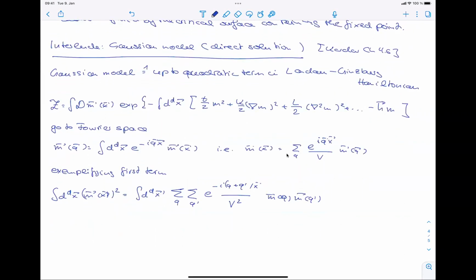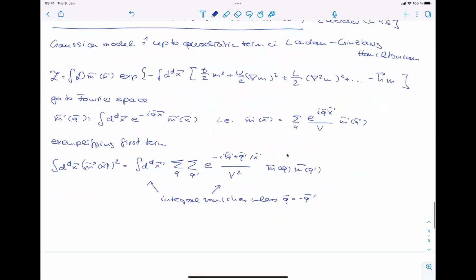And this integral, the spatial integral now, vanishes unless Q is equal to minus Q prime. And that solves the integral, and we arrive at one. We're left with one sum, and the result of the integral is actually the entire volume of the system, right?